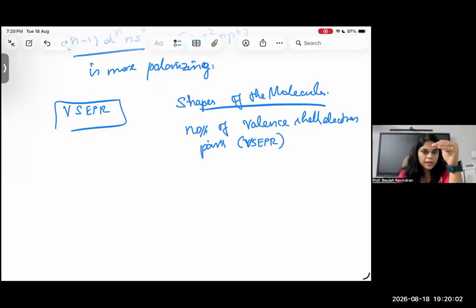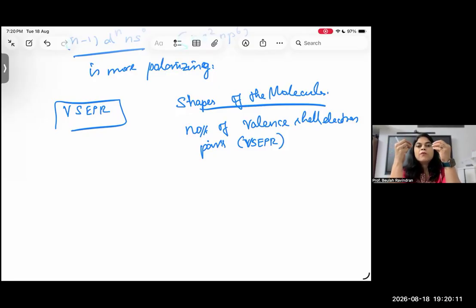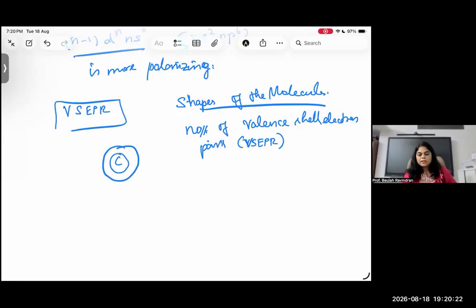So the valence shell electron pairs repel each other, right? If one atom is brought near the other atom, every atom has its own valence shell electron pairs. That is what electron pairs we are talking about. Suppose it is carbon, carbon has 4 electrons in its valence shell.